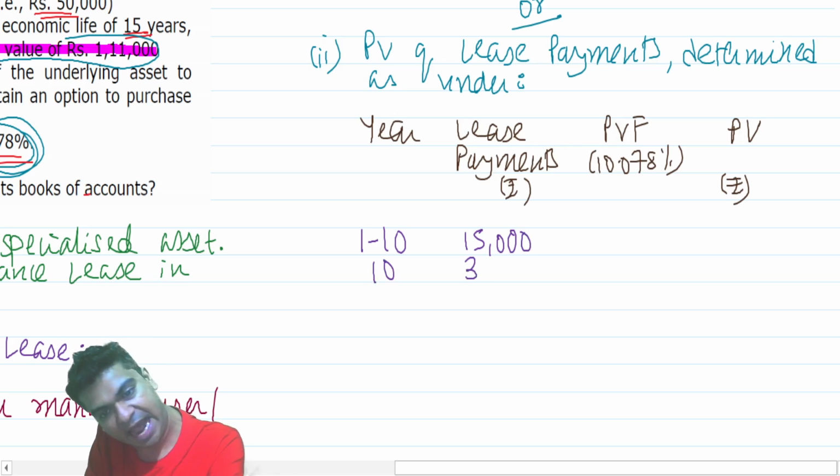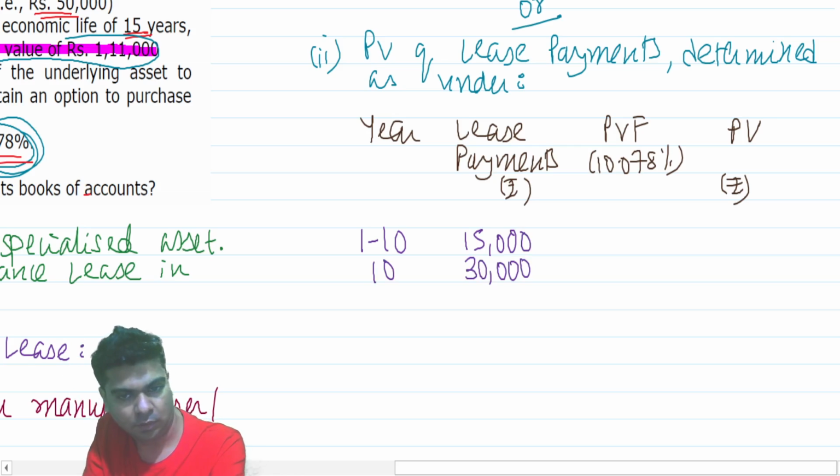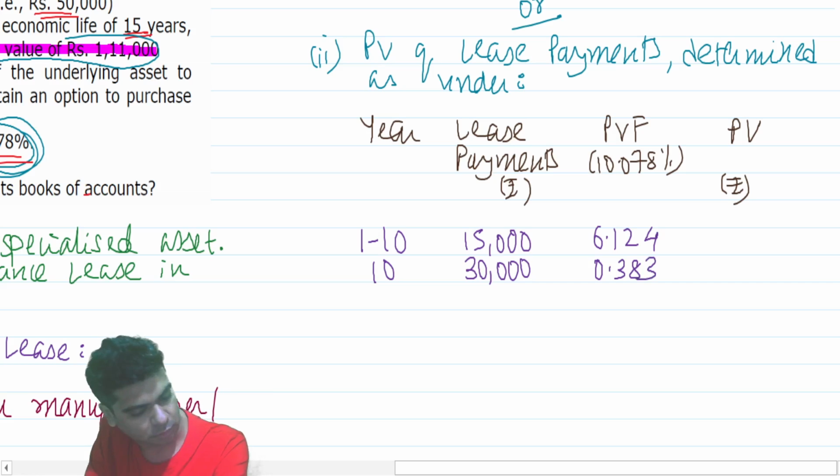Consider only the guaranteed residual value. You can copy from your earlier calculation.